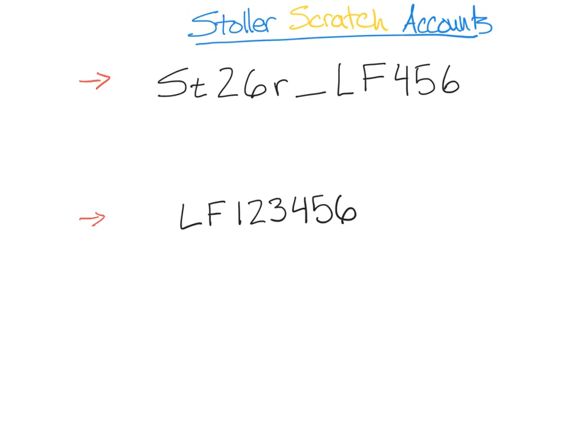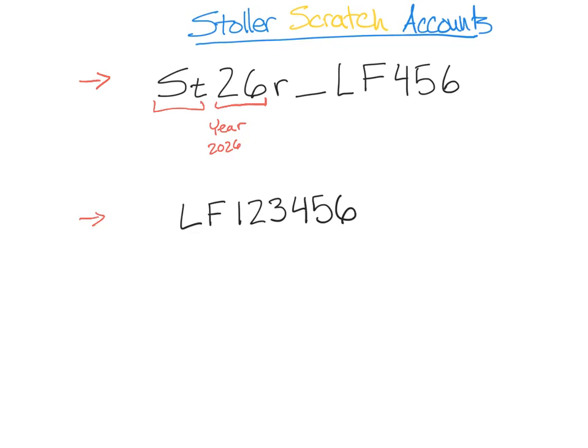So the first part you'll see is the ST, and that stands for Stoller because that's our school. The 26 here stands for the year that you're going to graduate from high school. For this class, this is the 2026 school year.